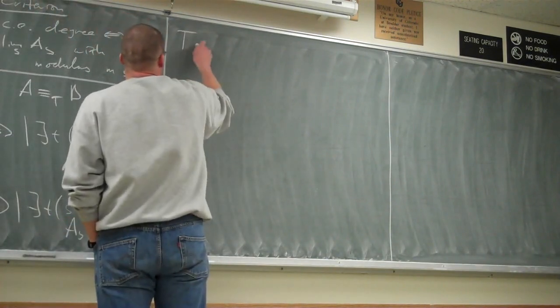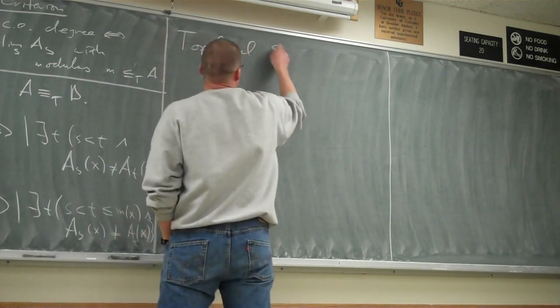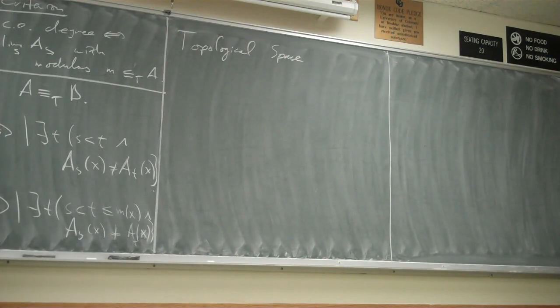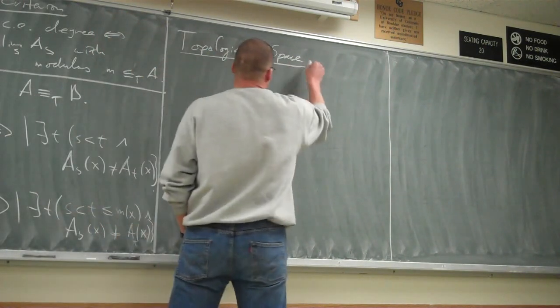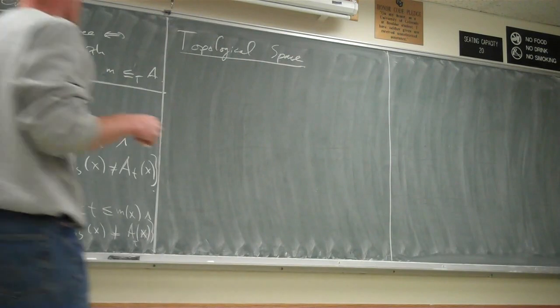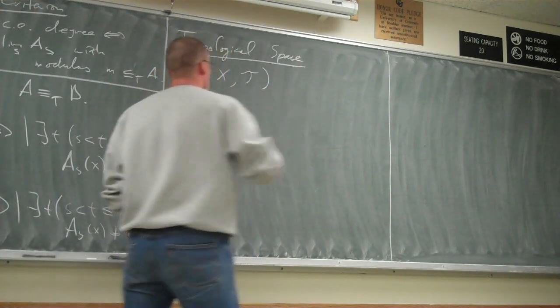So first of all, then, is the definition of a topological space, and in this course there is going to be a couple of topological spaces that play a key role, but in general the idea of a topological space is just a pair.